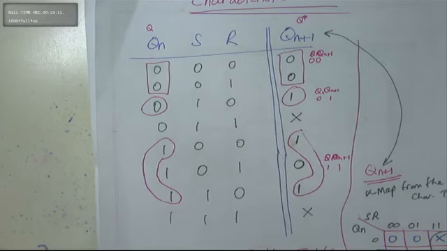So if your Q was this, and your S was 0, 1, whatever it is, and R was this, what is the memory going to show? What is Qn plus 1 going to show?